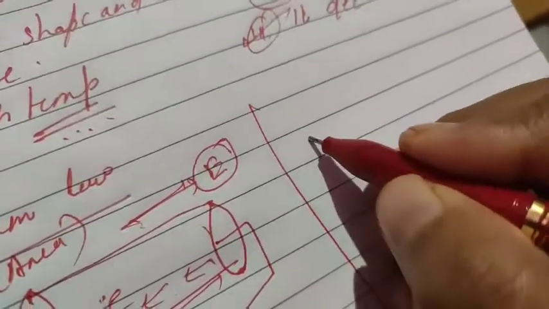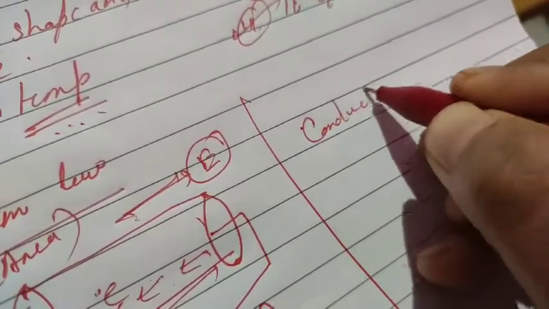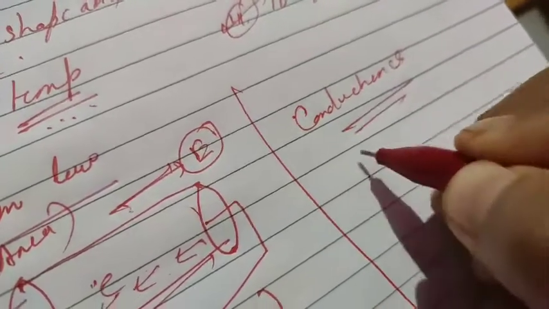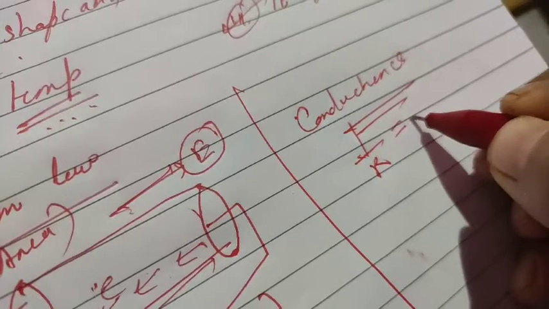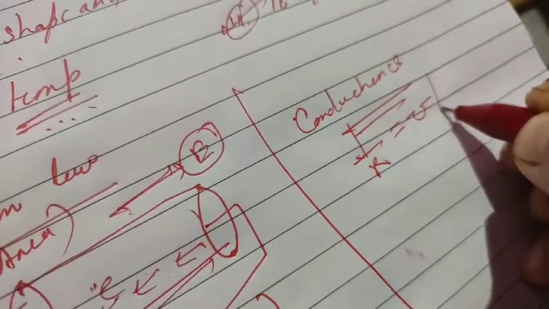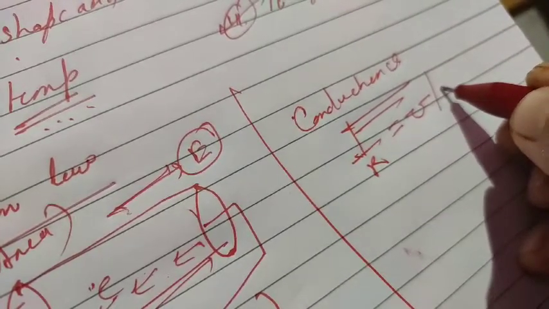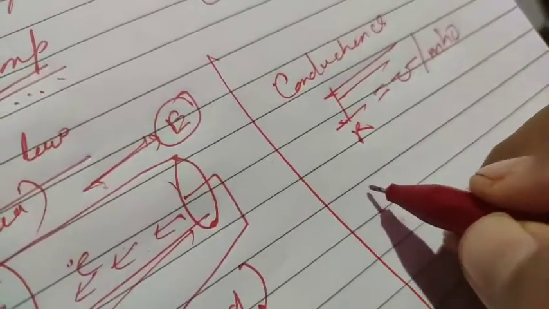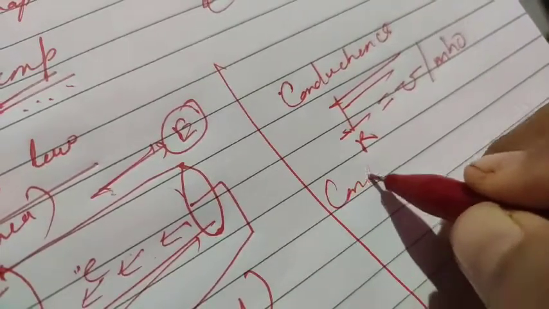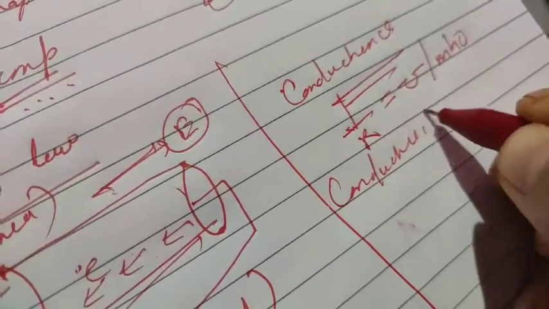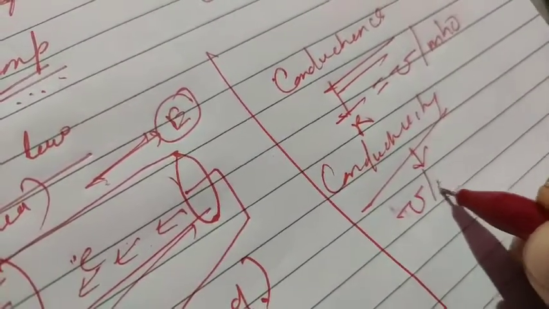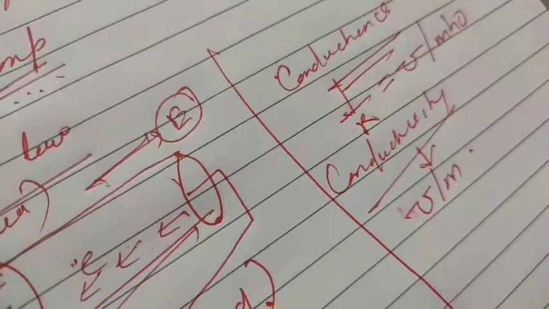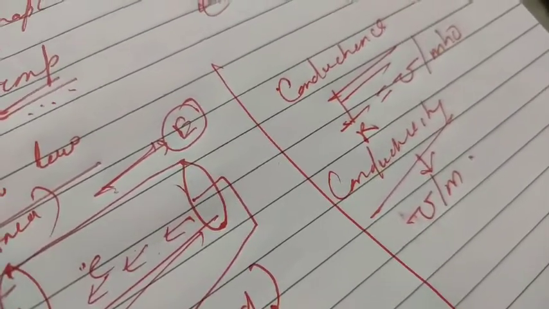For conductance, that is 1 by R, the unit is mho. For conductivity, it is the opposite of resistivity, and its unit is mho per meter. I hope you have understood.